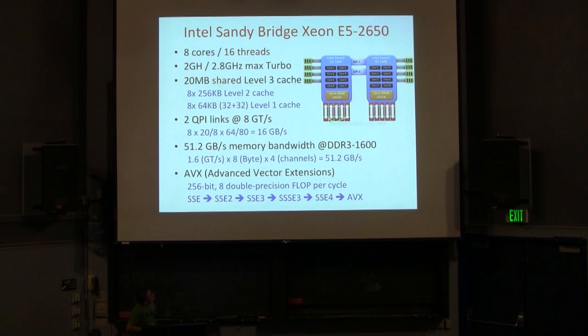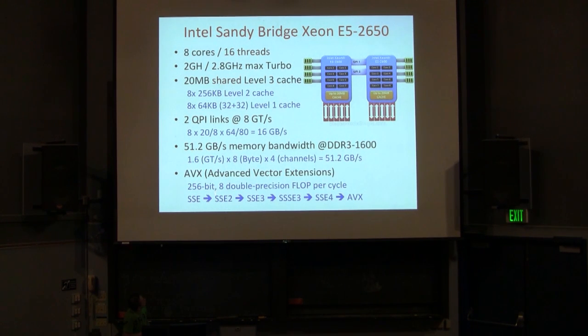Okay, but then to really take advantage of this, you need to use the vector unit on the CPU. Over the years, Intel has had a lot of vector technology. Initially it was called SSE, and AVX is the latest generation. This one is a 256-bit wide vector unit.